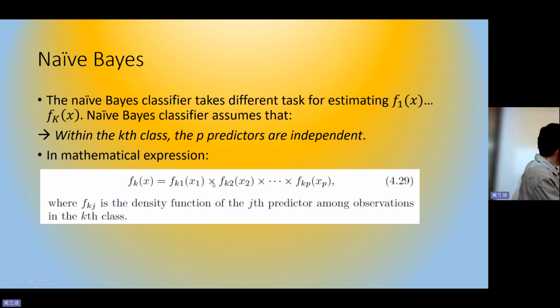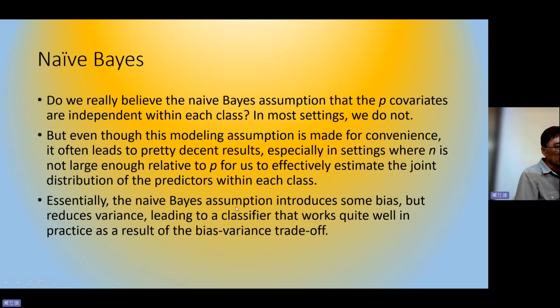Because the P predictors are independent, we can formulate f_k(x) in this way, and then we can simplify our estimation.